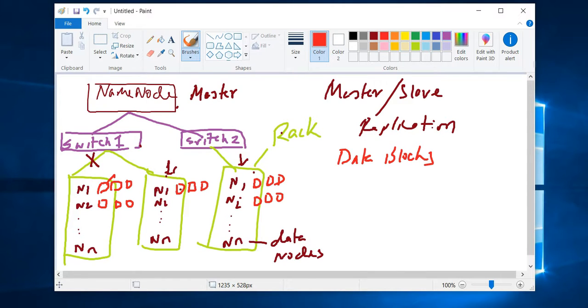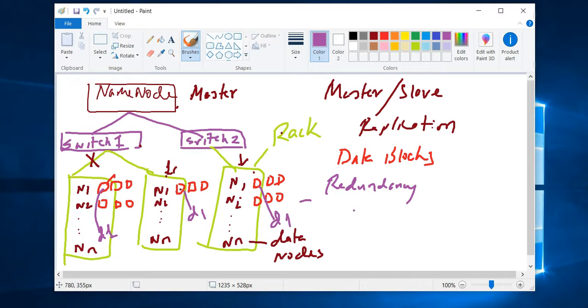So let's say I have over here the information D1. So the D1 is being copied over here as well, D1, and over here as well, D1. That means one chunk of data is being copied in other nodes. Okay, so the purpose of this is something we are calling that to be the redundancy.